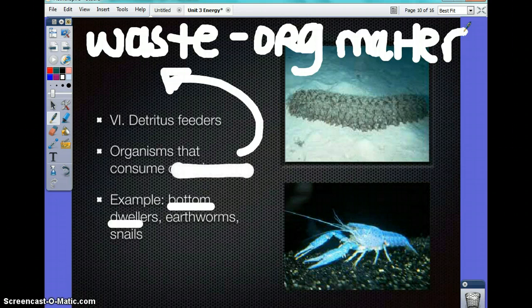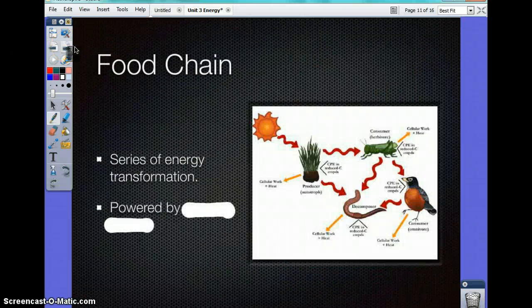No, like animal waste. Bottom dwellers, what do you think they feed off? Stuff that's falling, debris, okay? Particles of matter that fall to the ocean floor, to the soil, that's not necessarily waste. Well, I guess we could consider it waste or scraps, but it's not necessarily feces waste, okay? All right, it could be.